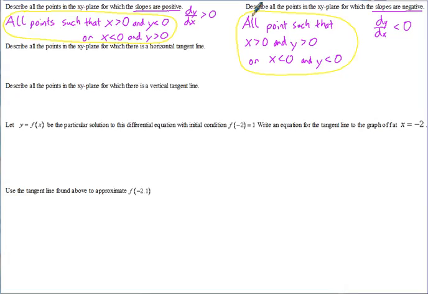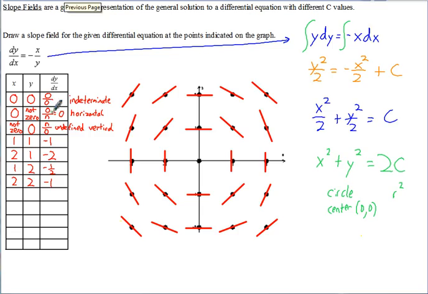Then describe all the points in the xy plane for which there's a horizontal tangent. So with a horizontal tangent line, that means the derivative equals 0. So the numerator has to be 0. If we look back here, that's like when we had 0 over n there. Remember what has to be true is the numerator has to be 0.